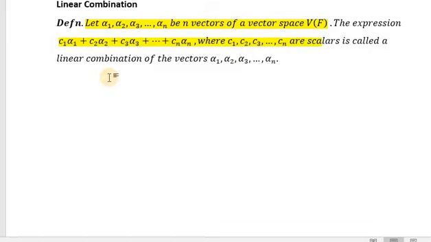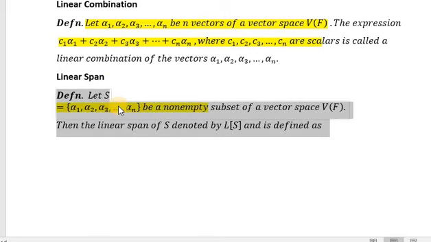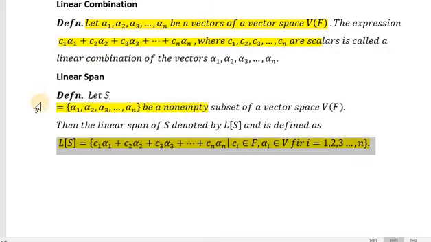Then the definition of a linear span. A linear span is nothing but the set of all linear combinations.